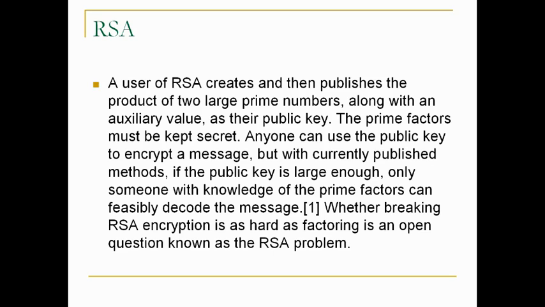Anyone can use the public key to encrypt a message, but with currently published methods, if the public key is large enough, only someone with knowledge of the prime factors can feasibly decode the message. Whether breaking RSA encryption is as hard as factoring is an open question known as the RSA problem.